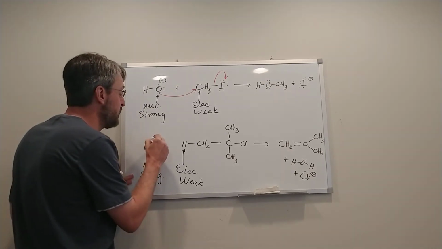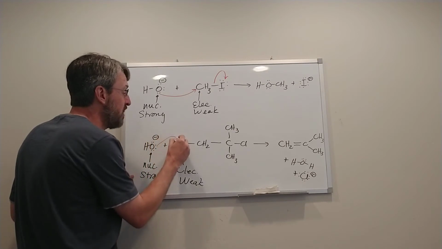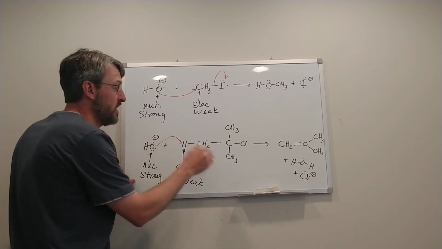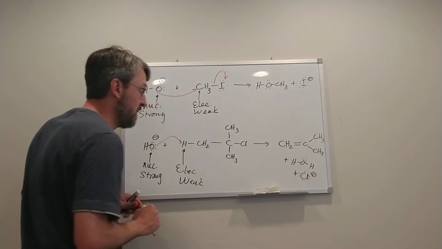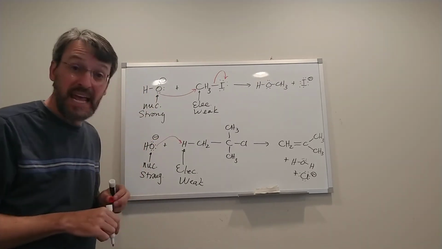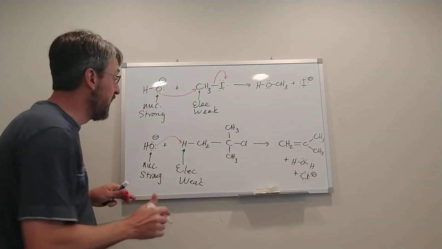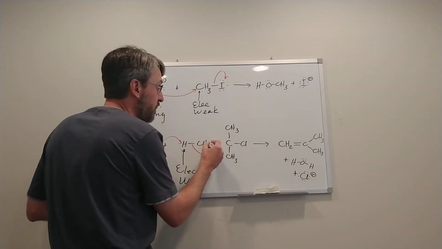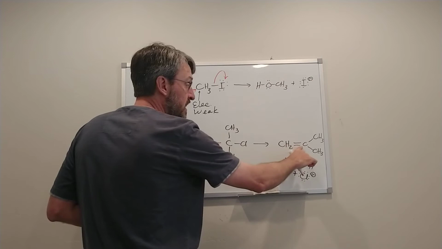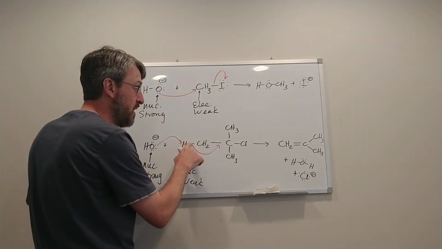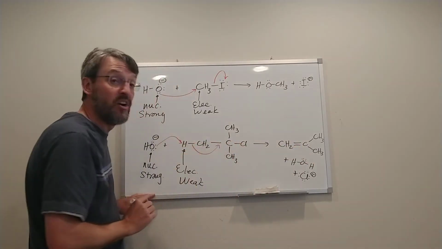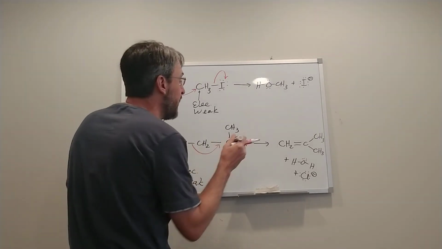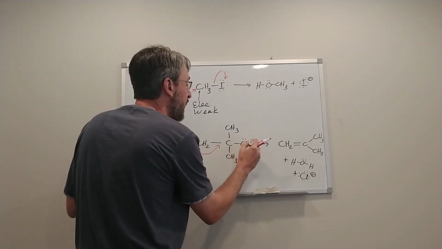Okay, so once again, this one is going to use a pair of electrons to form a bond to the H. So that's going to be this OH bond. But hydrogen can't have two bonds, right? Maximum of 2 electrons. So we're then going to use this pair of electrons to form our alkene. So this alkene comes from this pair of electrons, but that carbon already has 4 bonds. Oops, I forgot some electrons here.